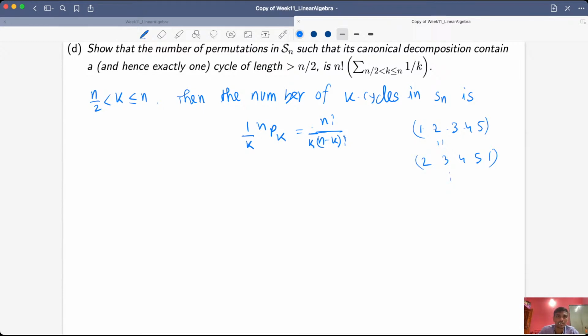But the other thing is, there is no restriction on the remaining elements. So there the remaining n minus k elements, those can be any permutation of the remaining letters.